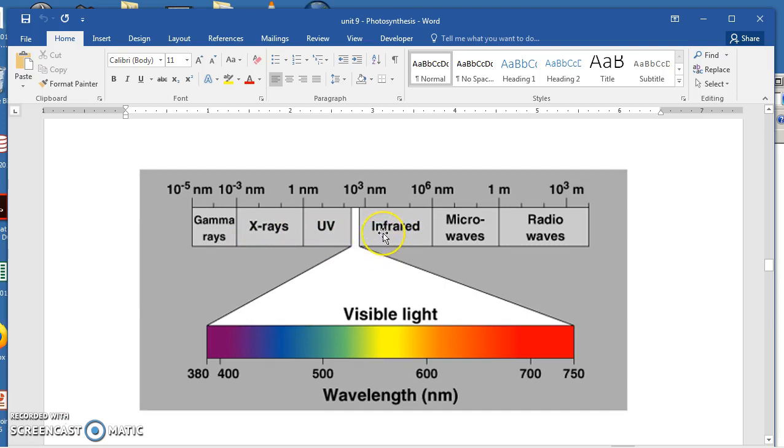The electromagnetic spectrum that's above red would be infrared, longer wavelengths, less power, less energy, and not as dangerous. A lot of times it's the infrared spectrum that is used in night vision goggles, night vision scopes.